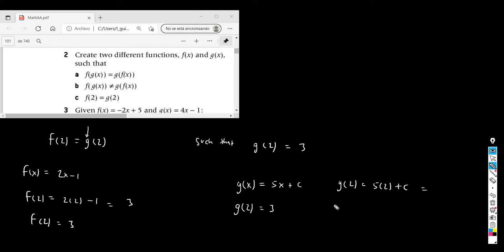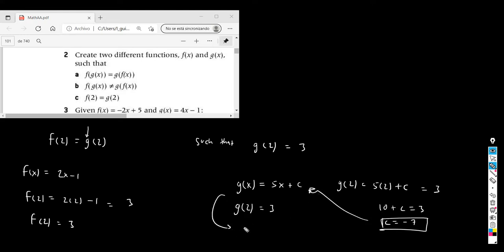This has to be equal to 3. g of 2 must be equal to 3, and so 5 times 2 plus c must be equal to 3, and therefore c should be minus 7, right? Am I right? Yeah, that's right. And that's it. You have found c, the constant that at this point was unknown, and then you just plug it in there and you're done.